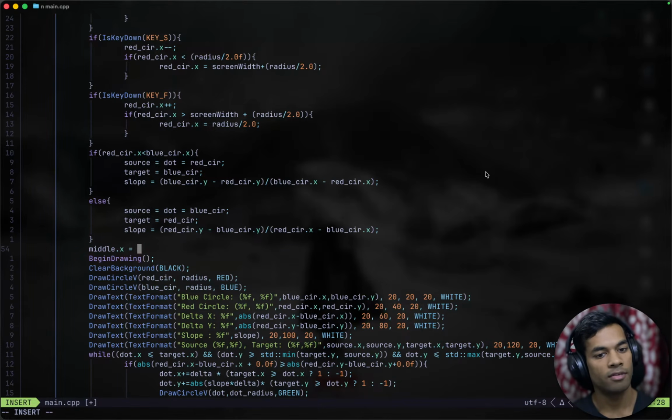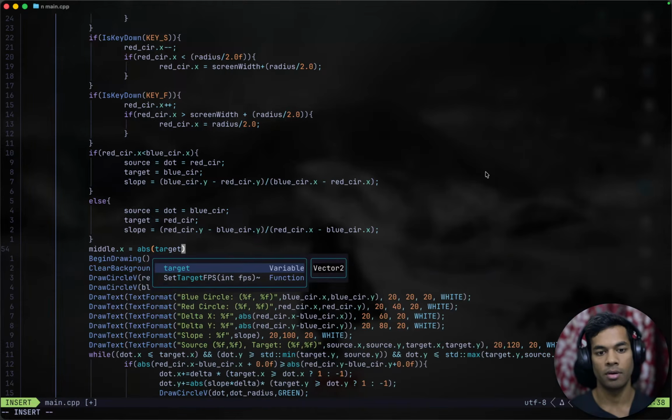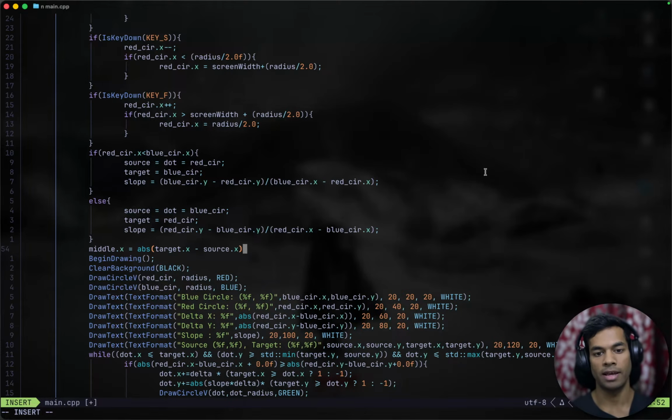Middle dot x would be equal to the absolute difference between target dot x minus source dot x. Yes, that is the difference.